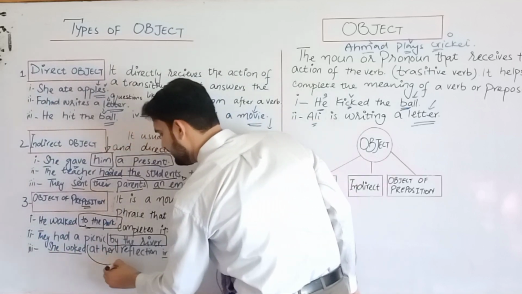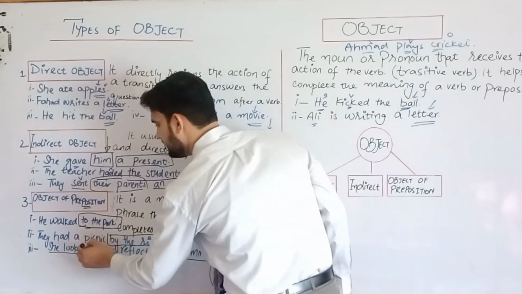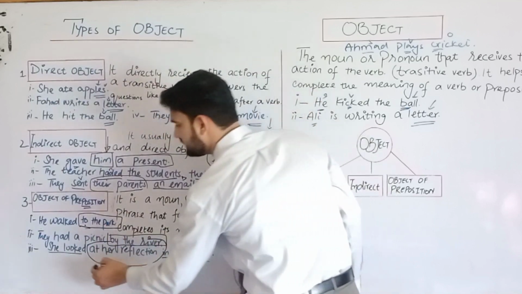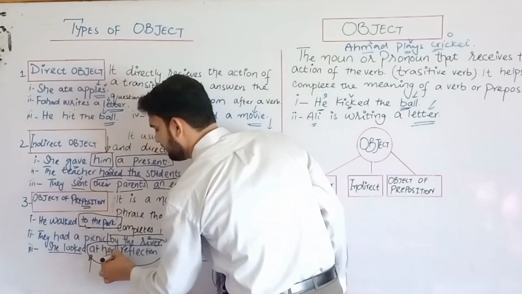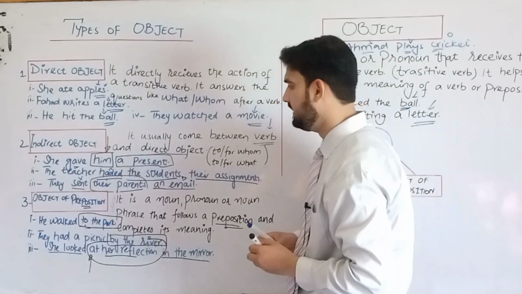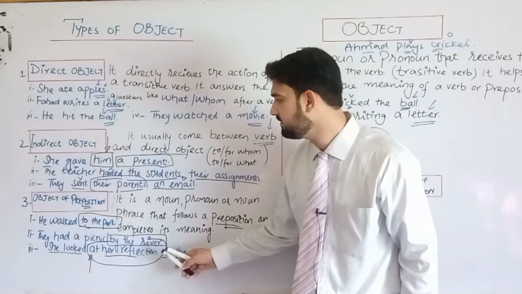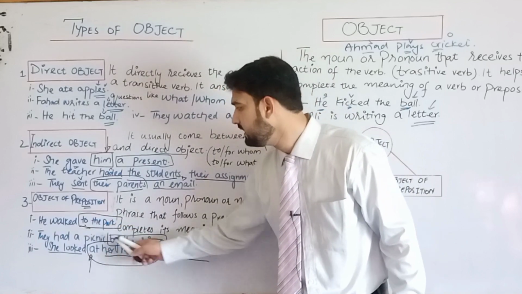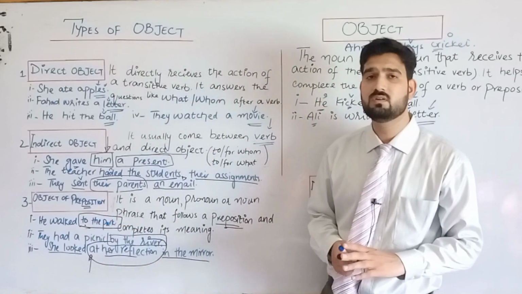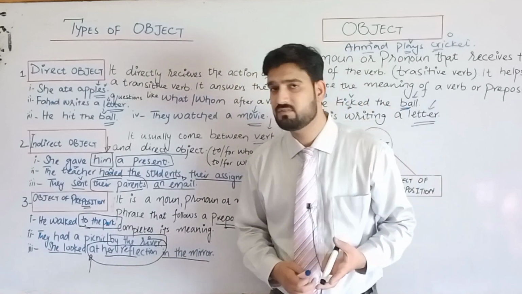So at her reflection is the object of the preposition, because at is a preposition and the remaining phrase is its object. Likewise, the river here is the object of the preposition, as is the park.